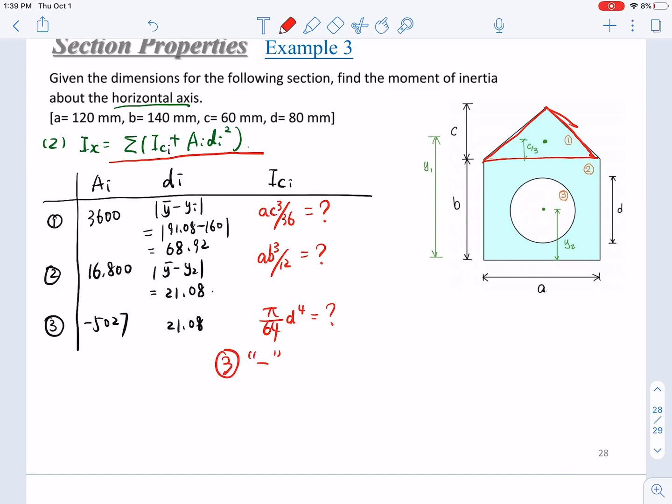Okay, you need to deduct this value from the sum of the previous two. Okay, so here the result will be 48.48 million millimeter to the fourth. Okay, do your own exercise. Try to get the result and let me know if my calculation is wrong.